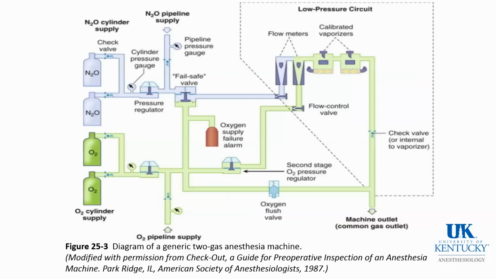Anesthesia machines have check valves, and this is the same diagram again showing check valve here, check valve here, check valve here, check valve here, a check valve here or internal to the vaporizer, and this is what keeps gas flowing in the correct direction.